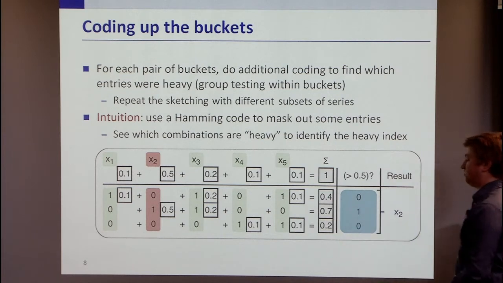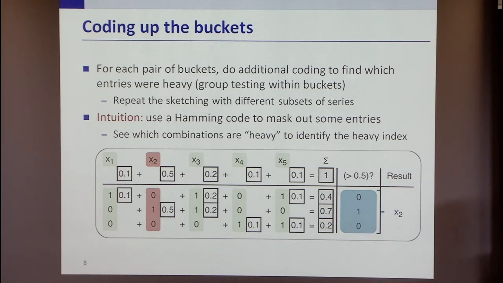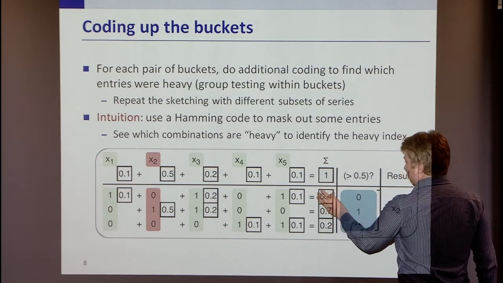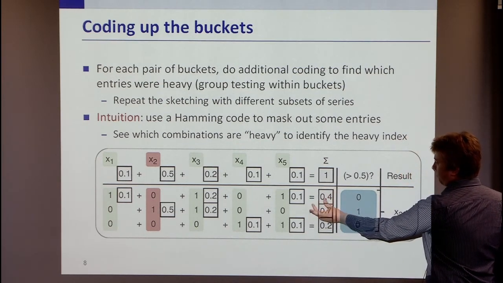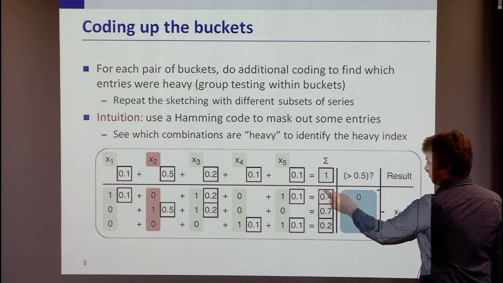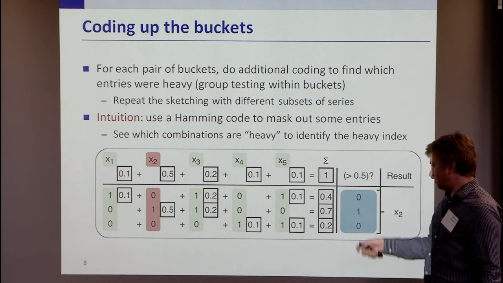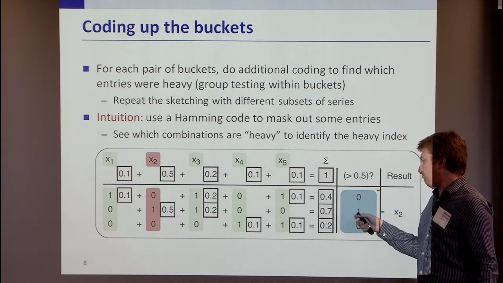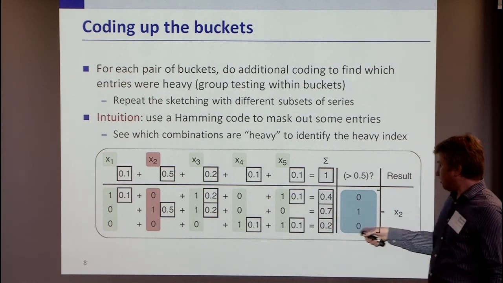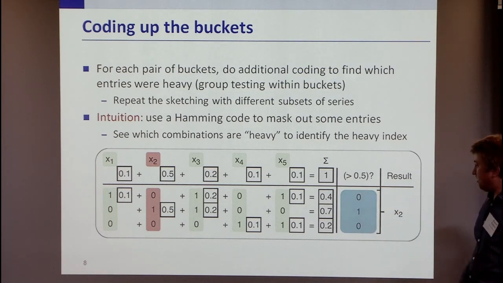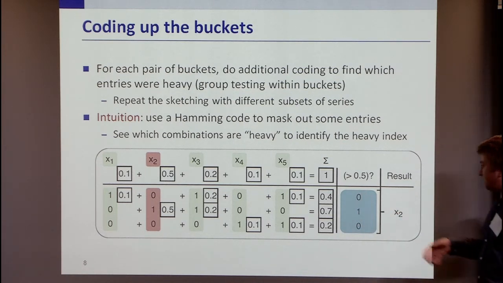And in this carefully constructed example, it works. The thresholded version of row 1 is smaller than my threshold value, so I read that off as a 0. The middle row is larger than my threshold value, so I read it off as a 1. The last row is smaller, so I read it off as 0. Then I can reinterpret that as an index again.